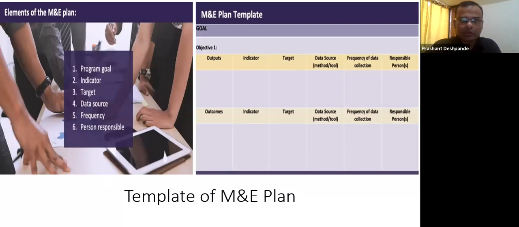In short, we are going to discuss in detail how to develop an M&E plan, which is one of the major objectives of this module. Any M&E plan will have these key components: program goal, indicator, target, data source, frequency, and person responsible.